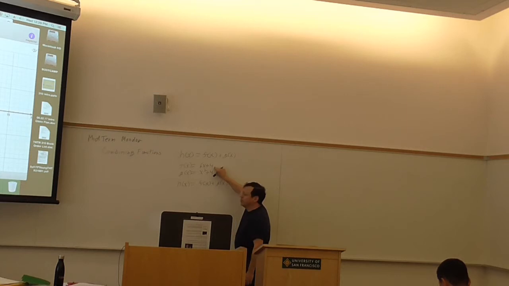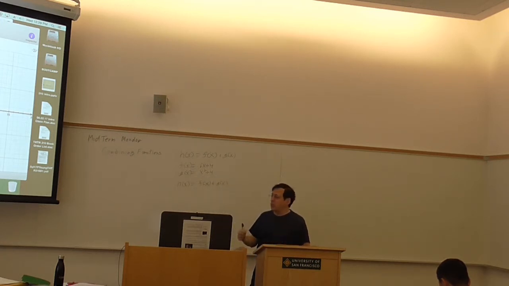My f of x is just a linear equation, but I'm adding it to a second degree equation, a parabola. I'm just getting a second degree equation, so it makes sense that it's another parabola. If you think about it, if I add two parabolas, I should still get another parabola.